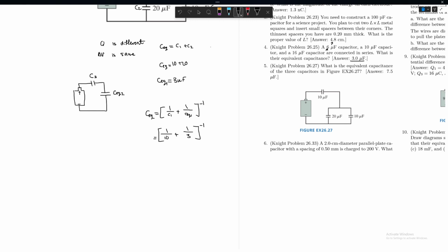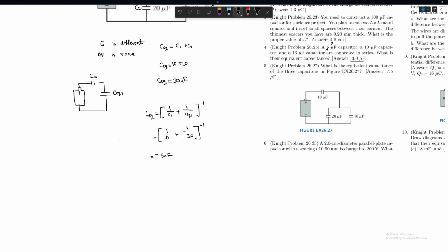Sorry, this is not 3, this is 30. I have 20 and 10. Yeah, this is 30 micro. Oops, sorry about that. Now it equals 1 divided by 10 plus 1 divided by 30, all to the negative 1. And what I get is a nice number of 7.5 microfarads.